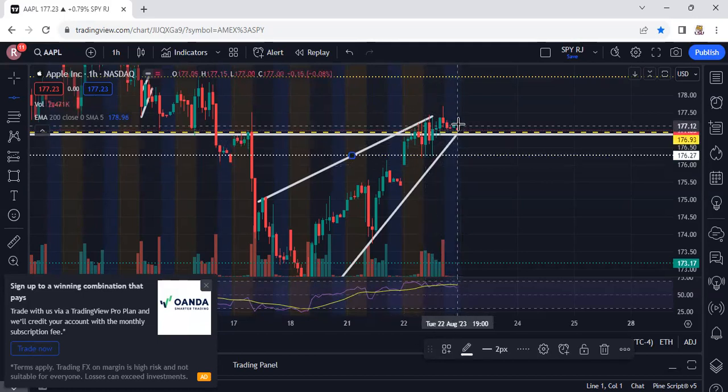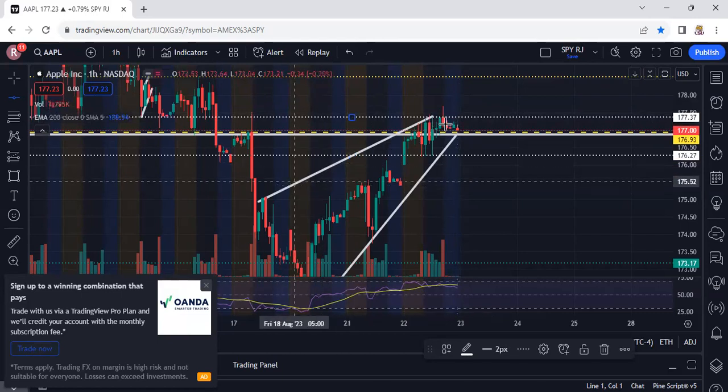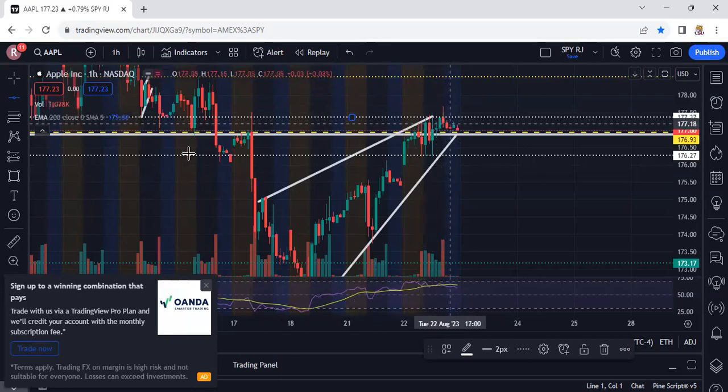It's not bad to enter where it is if you can just put your stop. You could put your stop at 177.4-ish right here, maybe. Because I put a line here, you have resistance today, and it was also a level back here. So if you were to enter anywhere in here, your stop loss would be 177.4.